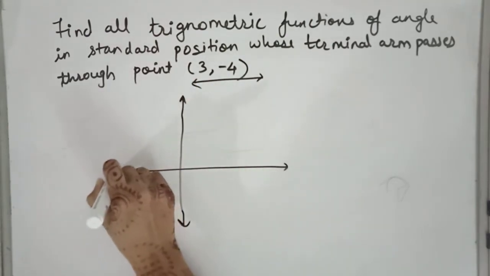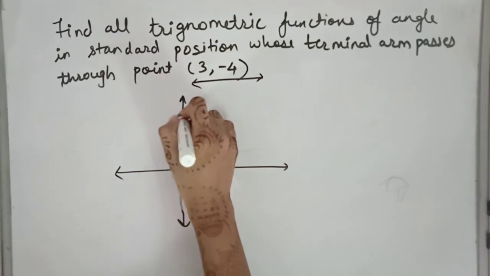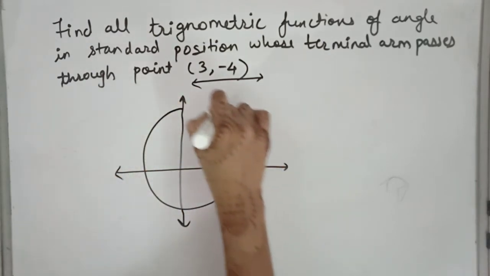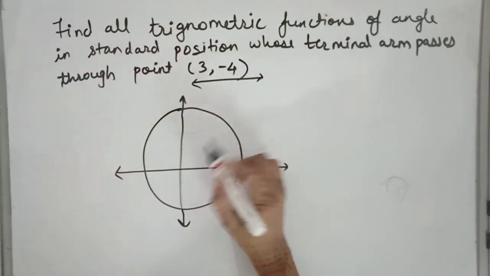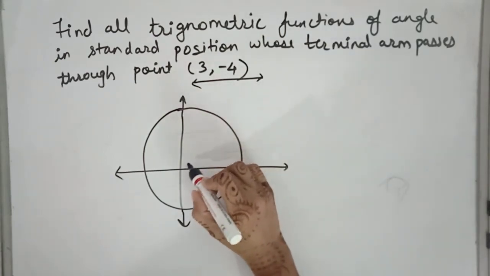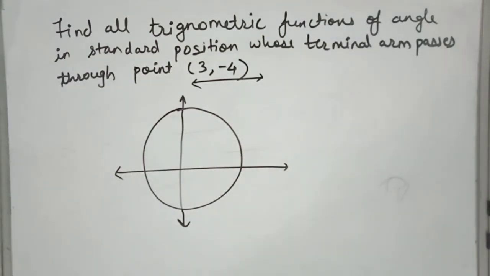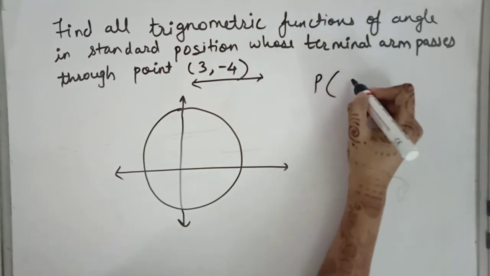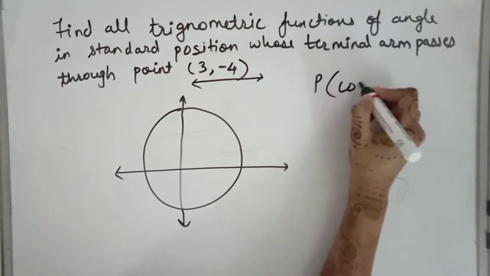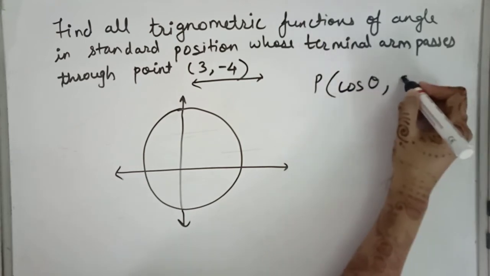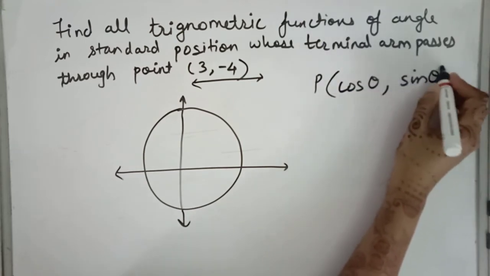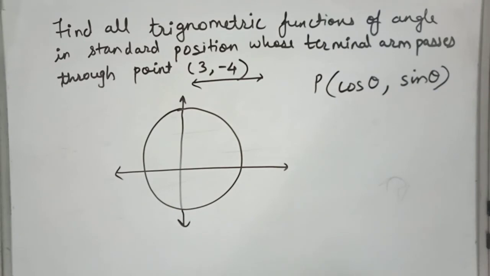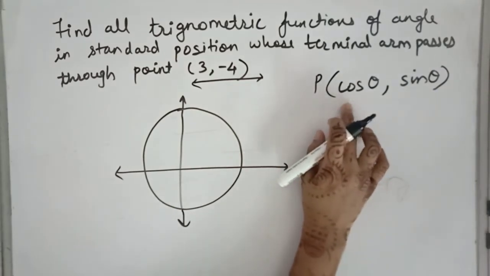Now this is the coordinate system considering the angle whose terminal arm passes through point 3, -4. Now we have seen that the point P is cos theta, sin theta. We have seen this in last video.